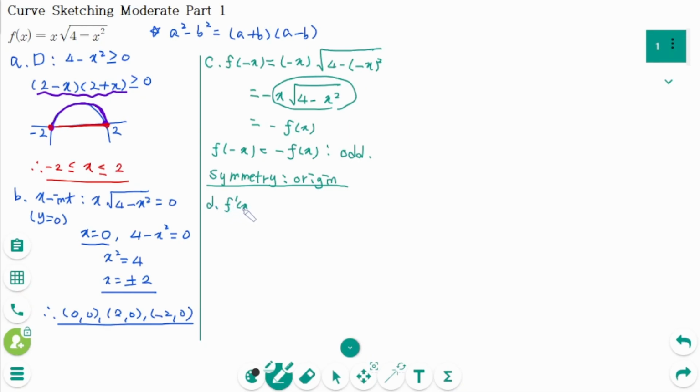f prime of x equals, using the product rule, (uv) prime is u prime v plus u v prime.